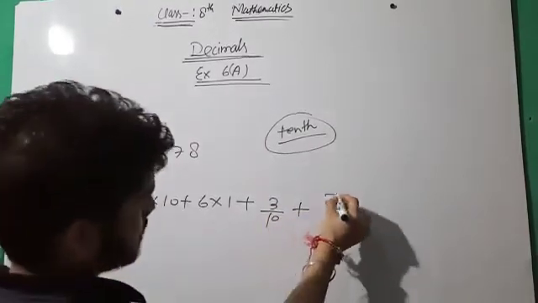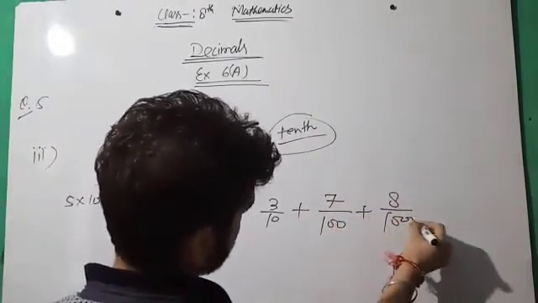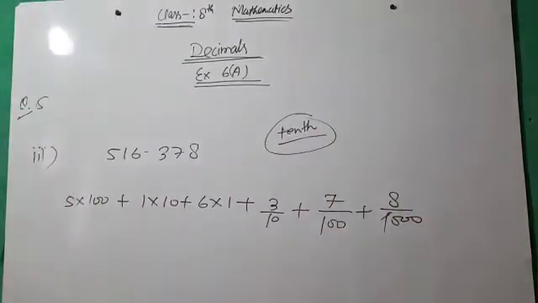Then we have 7 in the hundredths place, so divide by 100. Then 8 by 1000. Okay, this is the expanded form of this number.